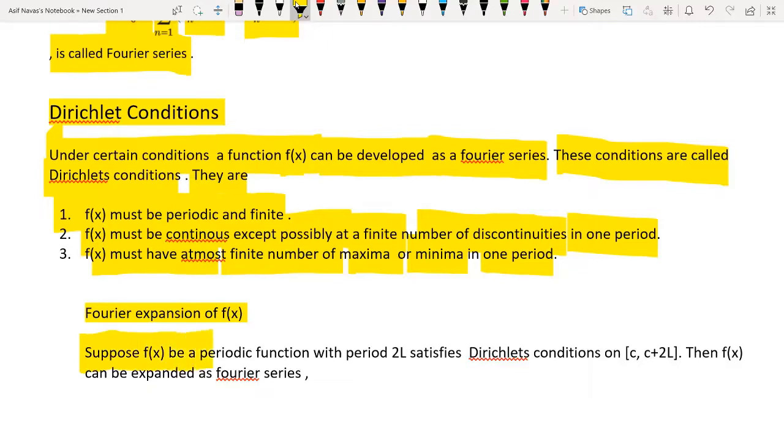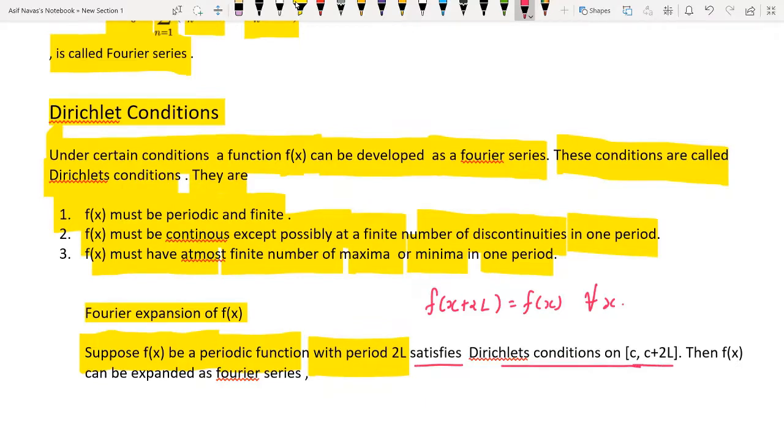Suppose f of x is a periodic function with period 2l. That means f of x plus 2l must be equal to f of x for all x. And it satisfies Dirichlet conditions on the interval c to c plus 2l.